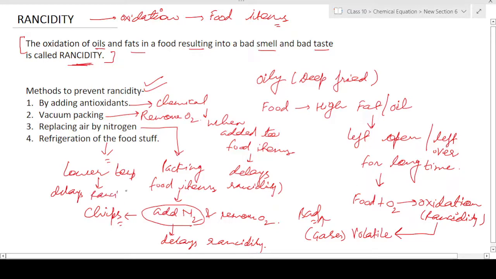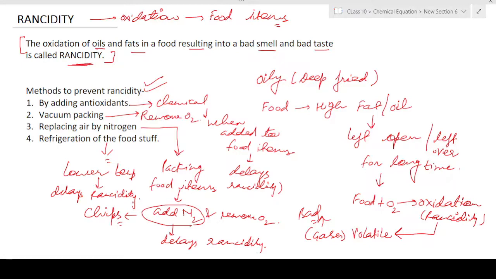It does not stop the process, but it delays it for some time. Like if you have kept it in the night, you can eat it in the morning. Not that you keep it on Monday night and eat it on Wednesday night. That is a very long time, and that kind of food is itself not very good in nutrient value also.